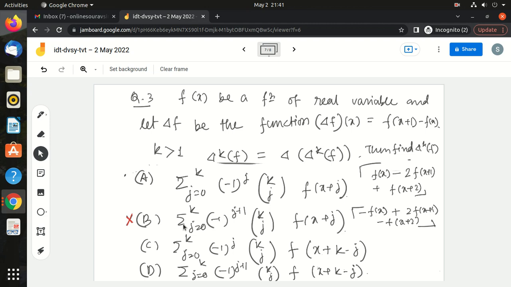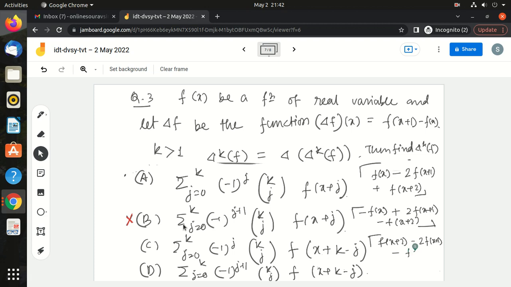Now let me look at option 3. What does option 3 give you at j equal to 0? k choose 0 is 1, so this is f of x plus k, which is f of x plus 2 minus 0. For j equal to 1, you get minus 2 choose 1, which is 2, f of x plus 1.